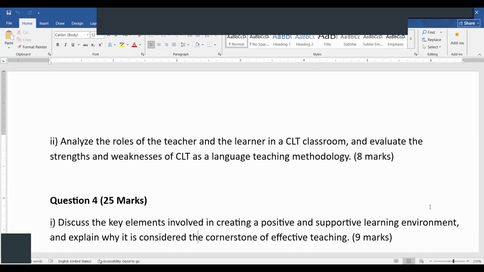Opportunities should be given to the students, and there should be a student-centered environment. The teacher can be the guide. Very good. The teacher can be the guide and facilitator, and also model and role play.